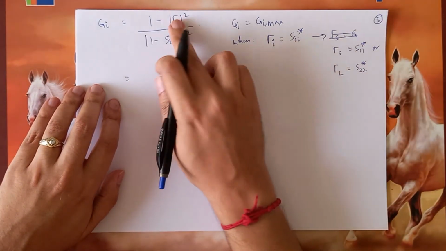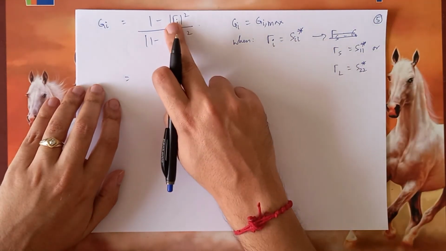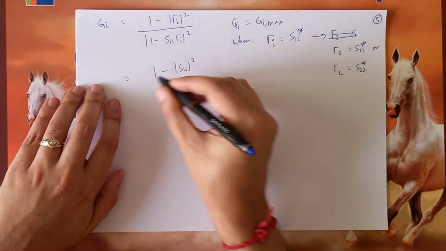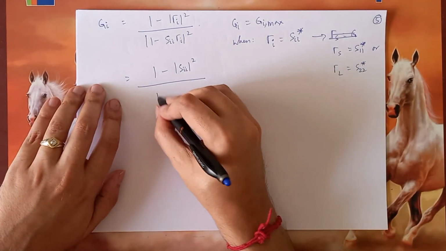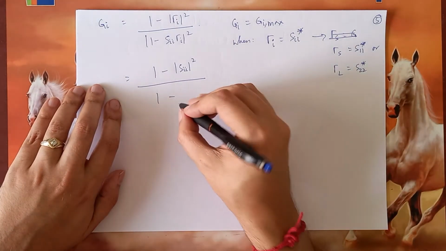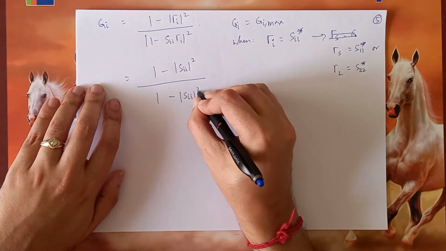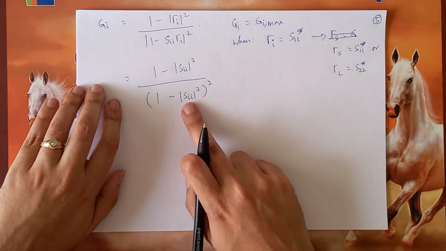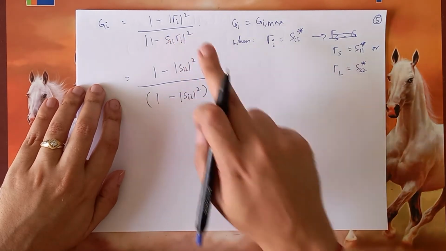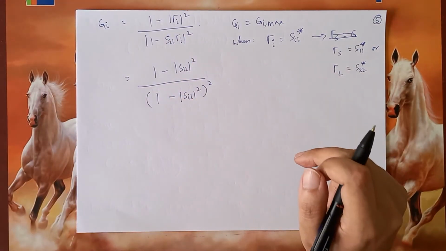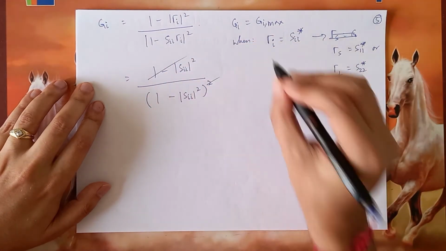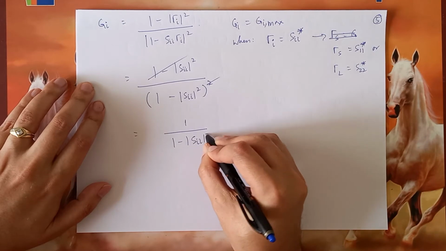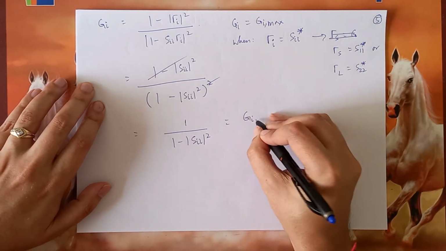Substitute this, you will get gamma I equal to S11 conjugate, but the mod will always be the S11 or S_II conjugate divided by 1 minus mod of S_II square, the whole square, because now S_II and gamma I will get multiplied and will be complex conjugates of each other. So the product essentially is mod of S_II square. So this term and this two will get cancelled, which means the GI is now 1 minus mod of S_II square. This is GI max.